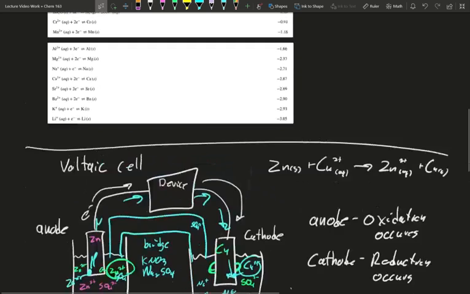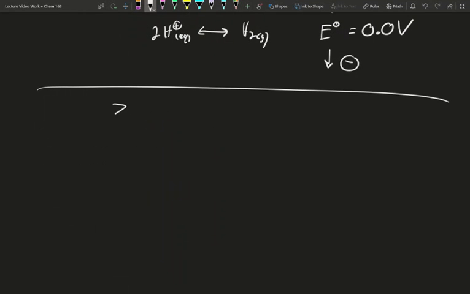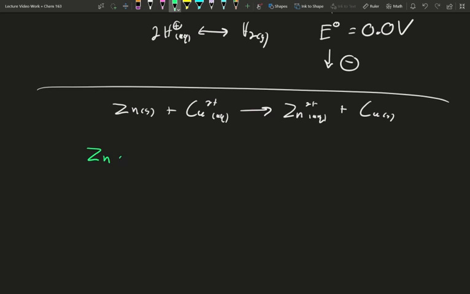Well, let's go back to our zinc copper cell. We have zinc solid and copper 2 plus aqueous. That was going to react to make zinc 2 plus aqueous and copper solid. So we have two half reactions. We have a zinc solid going to zinc 2 plus and 2 electrons.